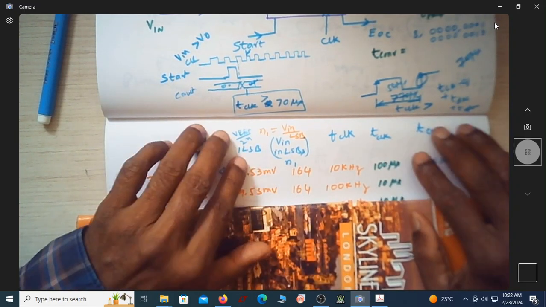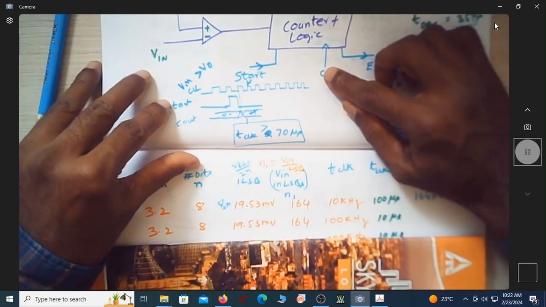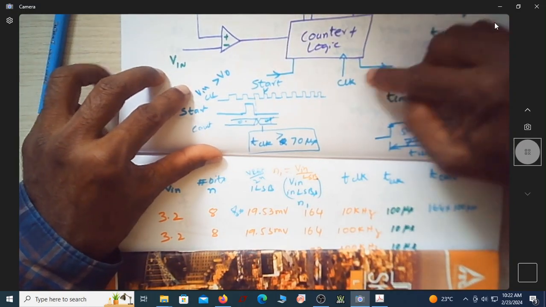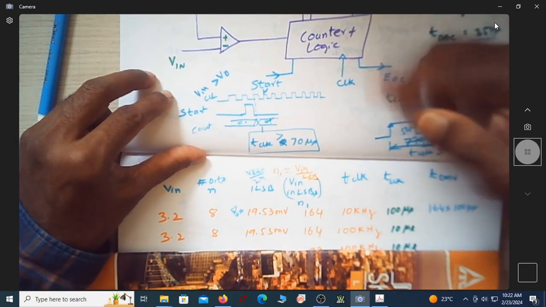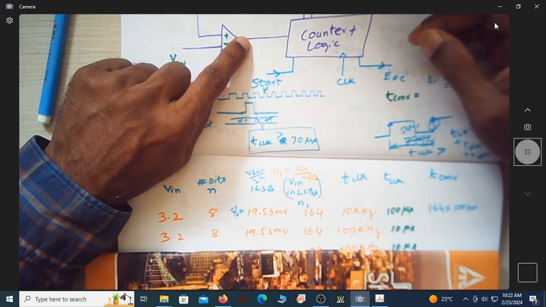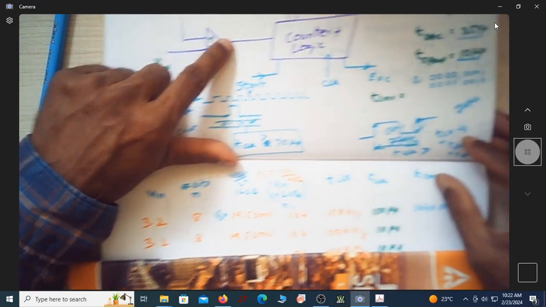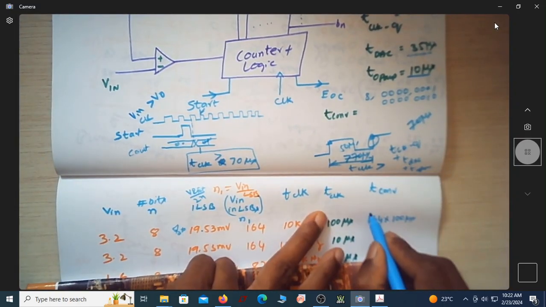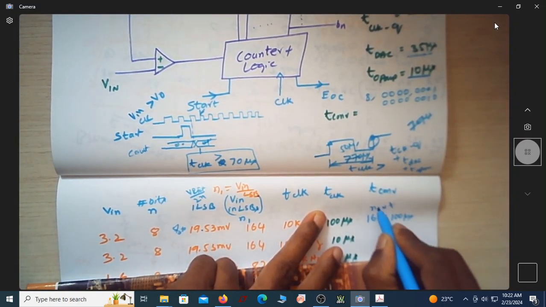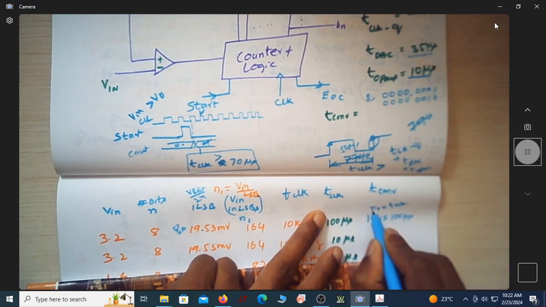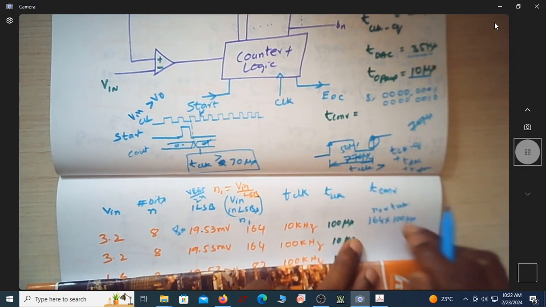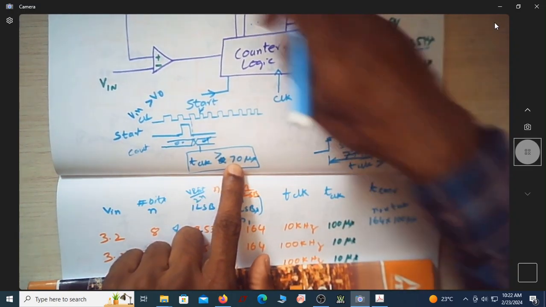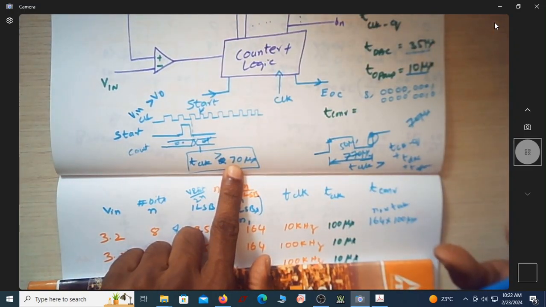We know it requires a minimum of 70 microsecond to get the response from the entire network. If you keep giving clock pulses repeatedly before it completes the process, it will not take. So the conversion time is not N into T clock. It is N into T clock only as long as T clock is more than the summation of all the propagation delays.